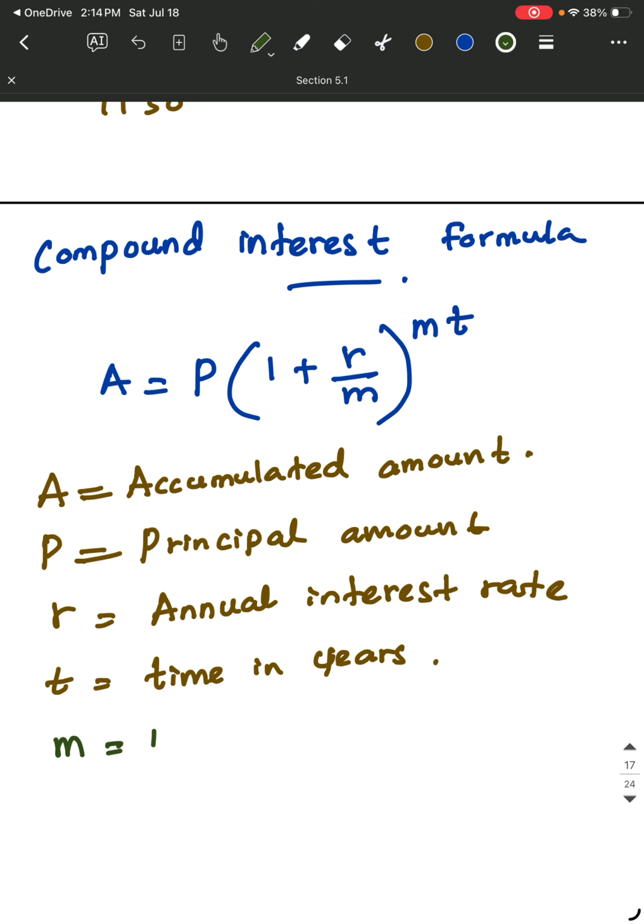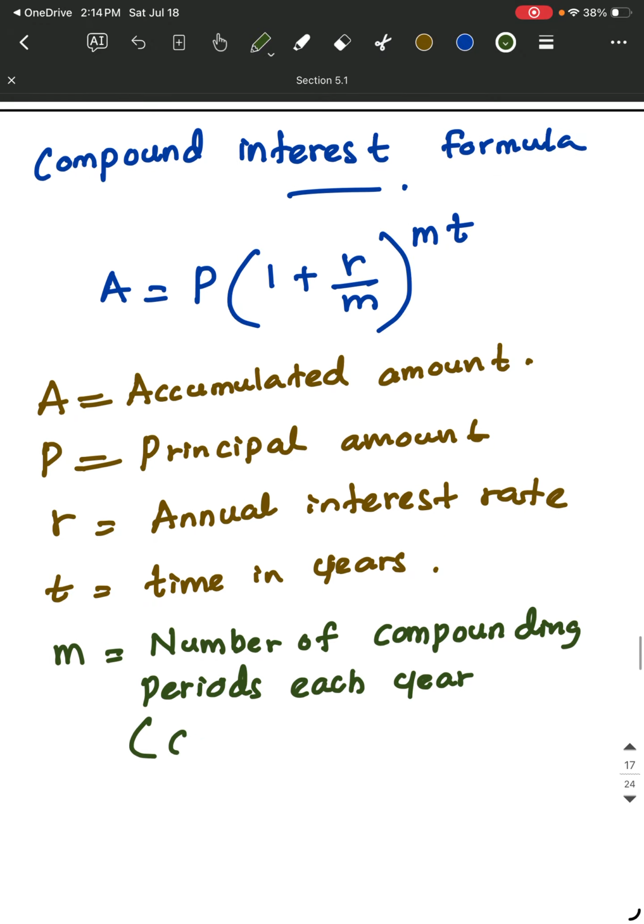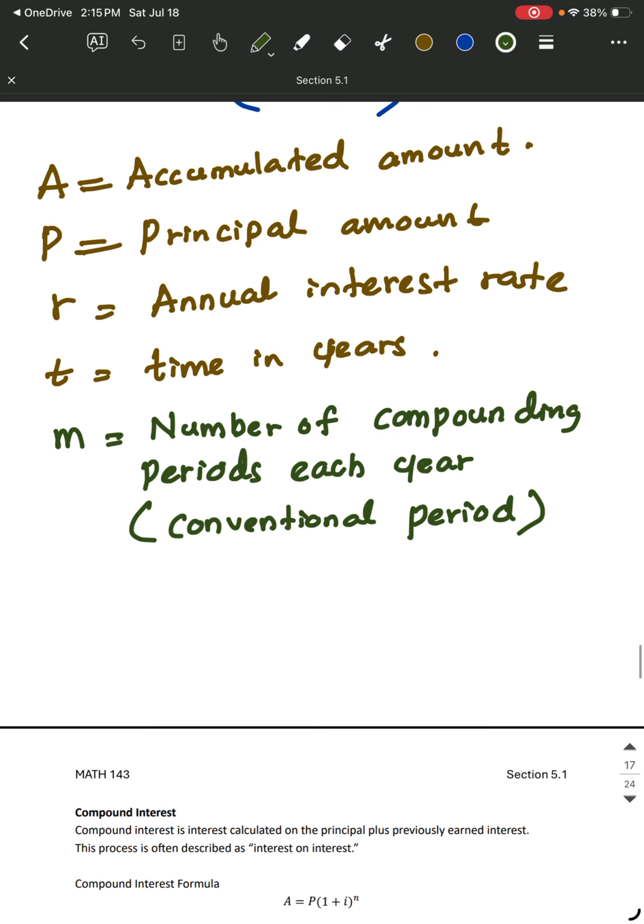M, number of compounding periods each year. Also we called it conversion period. Okay, so let's see how to describe the number of compounding periods each year.